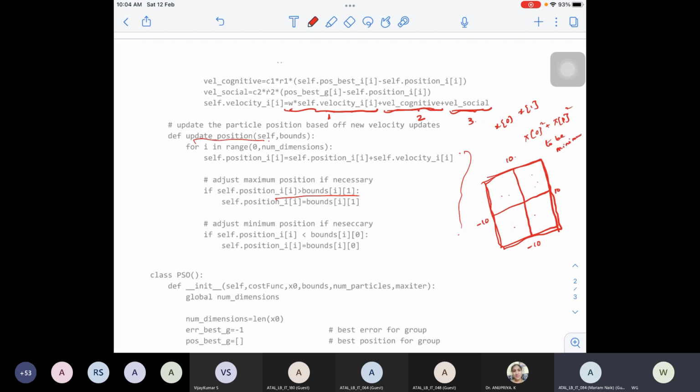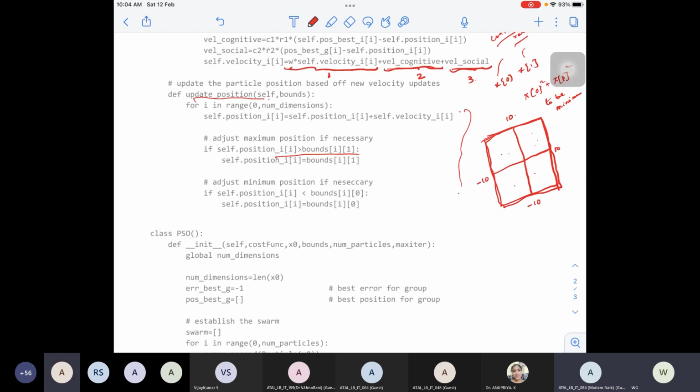right? So you need to find out this. Moreover, the variables x of 0 and x of 1 are continuous variables, right? If they are discrete variables, then you may have something around 400 points that are to be checked.